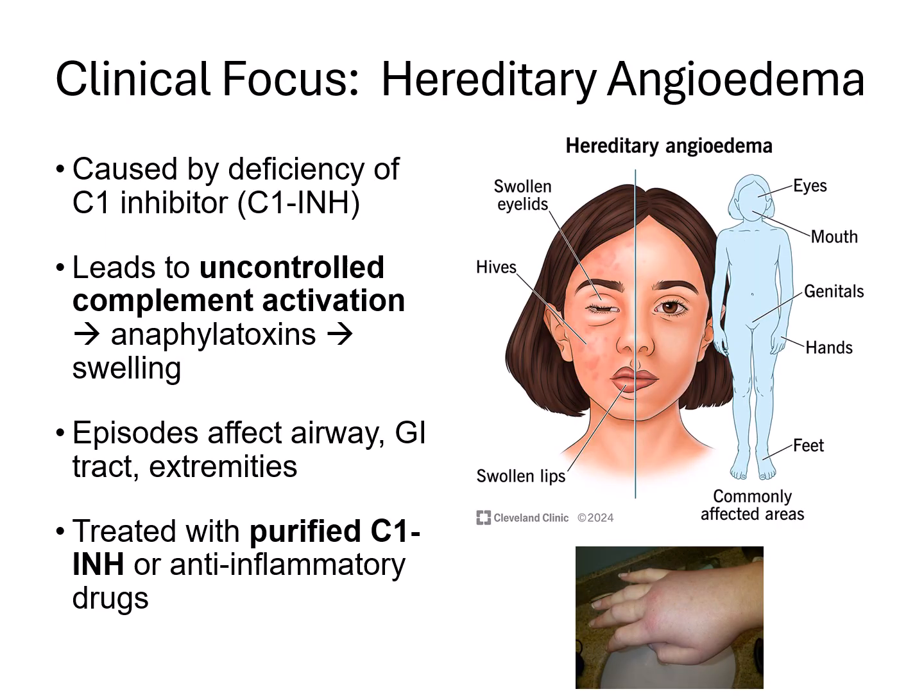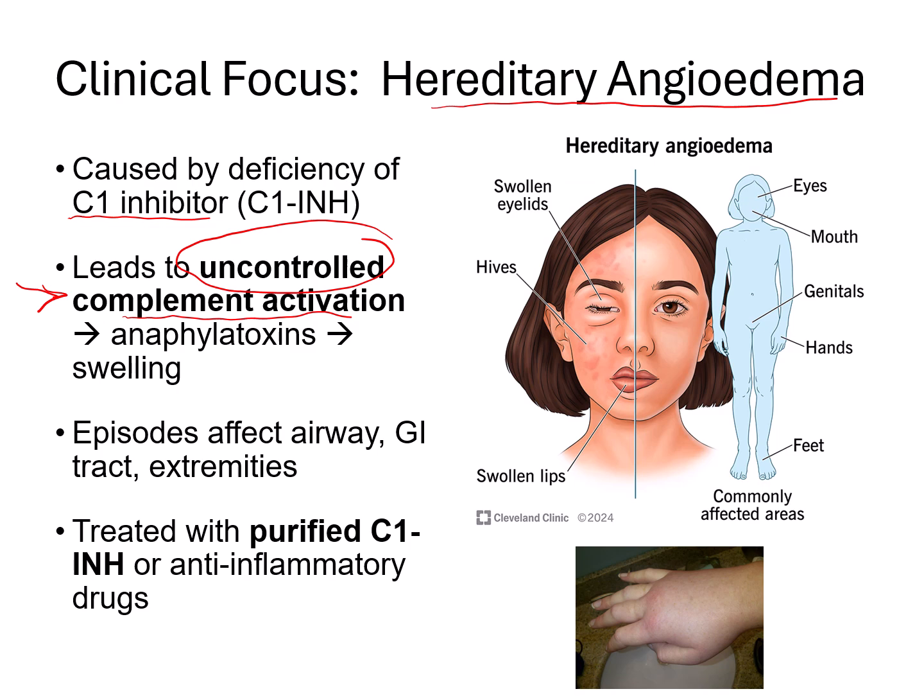The clinical focus example from this chapter highlights hereditary angioedema. And for the patient, what happened was that they were deficient in C1 inhibitor. So what that means is they basically did not have anything to inhibit complement activation, which led to uncontrolled complement activation. So the take-home message is it's great that we have complement proteins and we can trigger inflammation when necessary, but you don't want it to be uncontrolled.